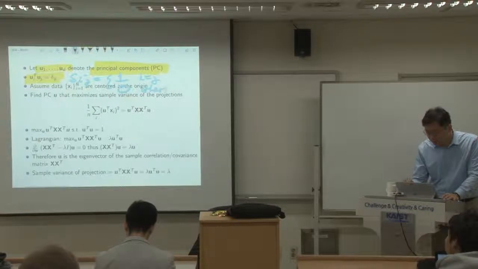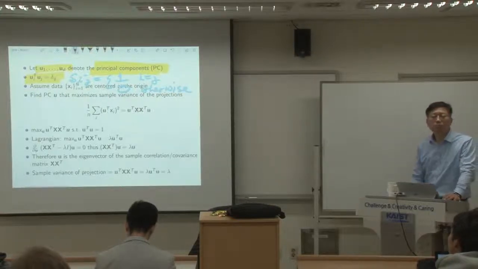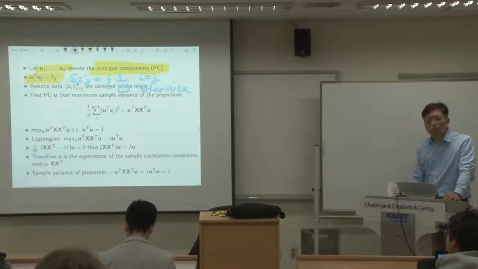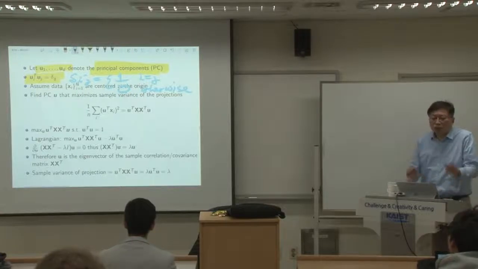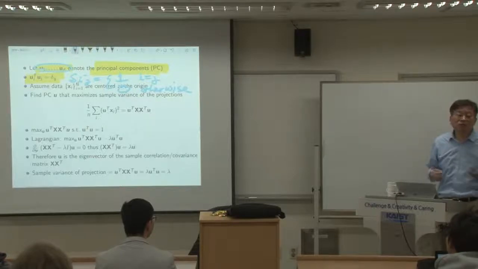Can I ask one question? Yes. I understood this new principal axis, like U1 to UD or UK. If I use all D dimensions, then I get perfect reconstruction, there's no loss of information, right?